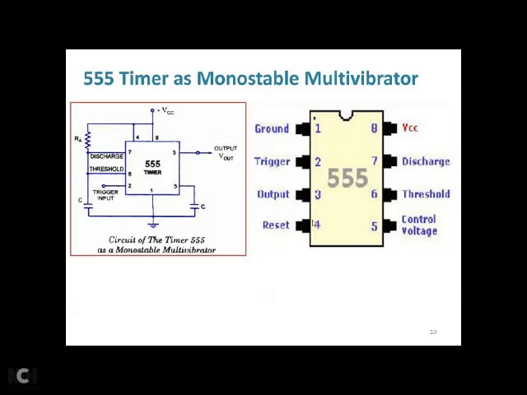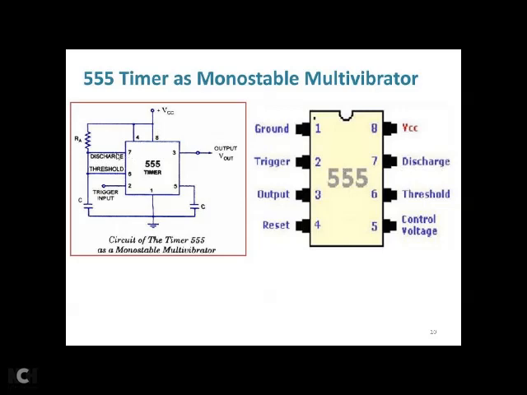The only additional components here are a resistor and a capacitor, nothing else. The resistor and capacitor are connected between pin number 8 and 7. What is 8 and 7? 8 is VCC, correct, and 7 is discharge.